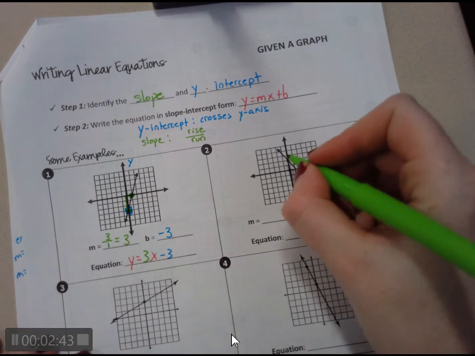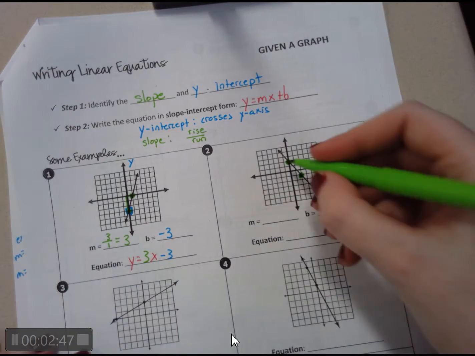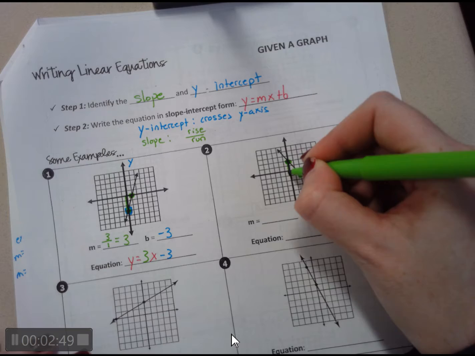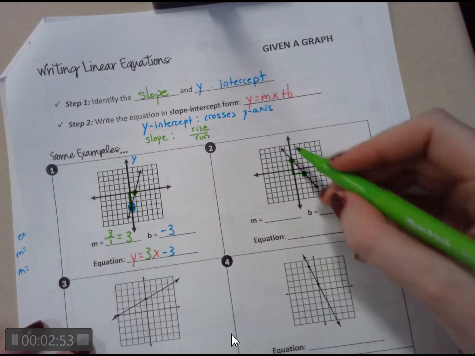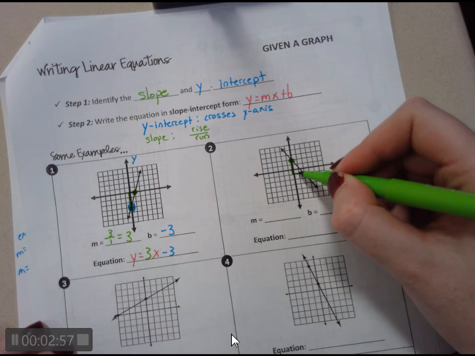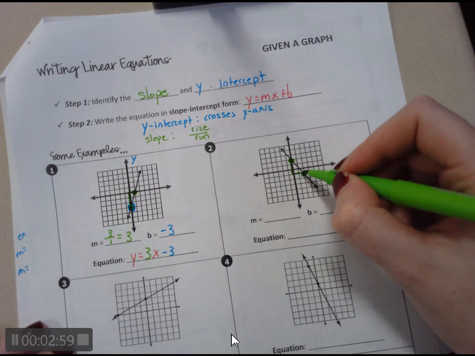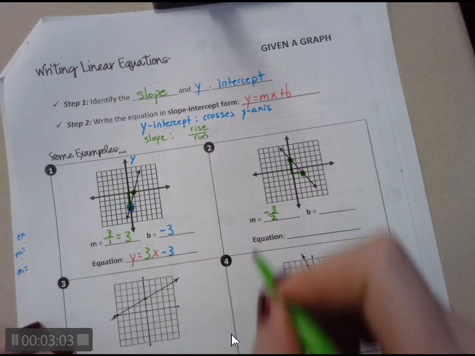So we are given this point here and this point here. We need to create our triangle. If you notice, this time our slope is negative. So we're going to go down 1, 2, 3, and over 2, to the right 2, excuse me. So this would be -3 over 2.